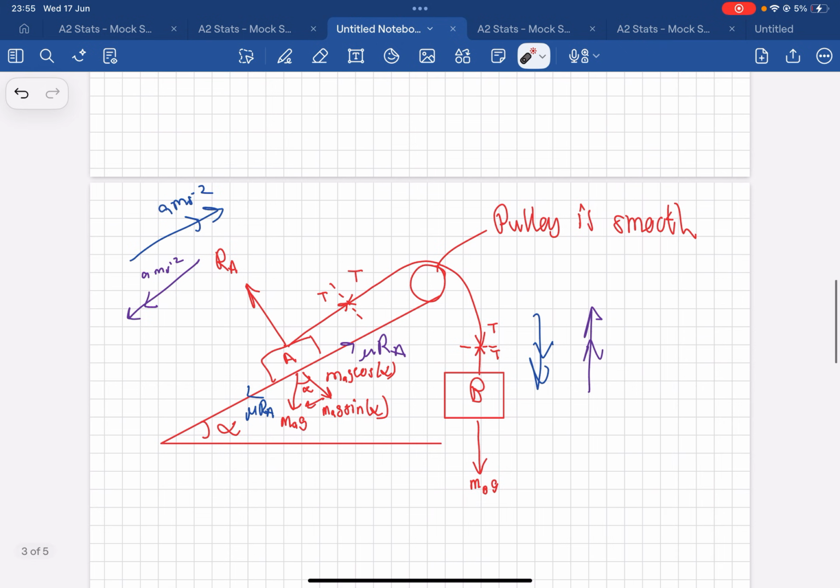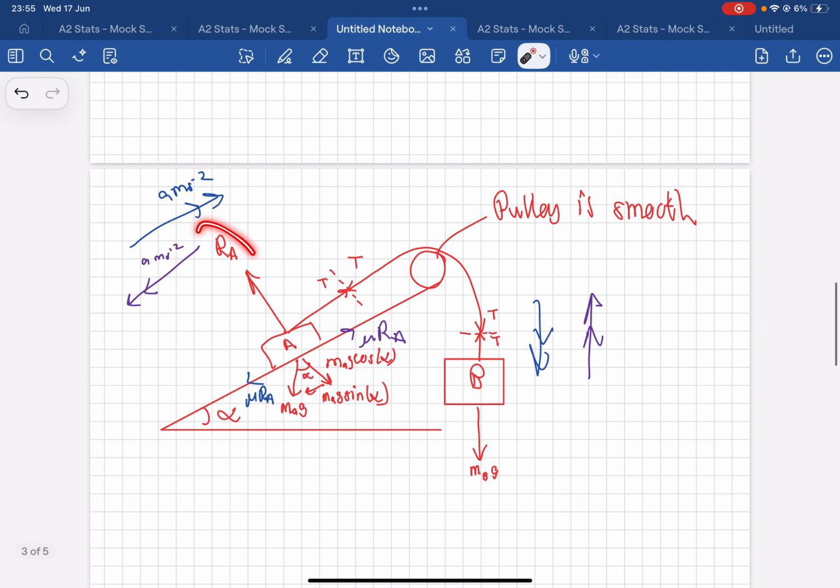So it's simply m_B g minus T equals m_B a, and then we form three equations. Now this equation here gives us an expression for R_A which we can substitute into this equation that acts this way, and we can simply solve. So let's just go ahead and do that.